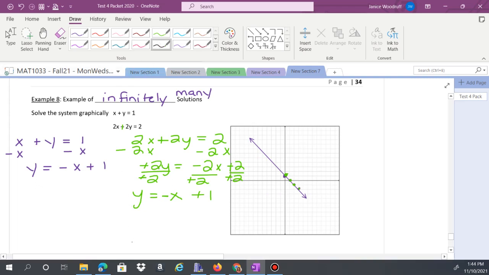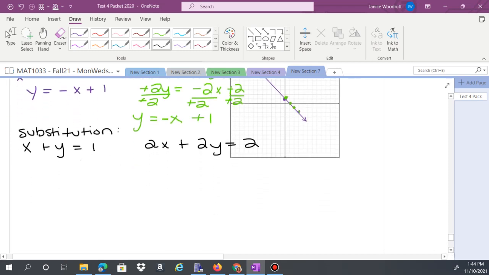Now, we did elimination the last one, so let's do substitution for this one. So let's say we have this problem, and we want to solve it using substitution. Okay, so you have x plus y equals 1, 2x plus 2y equals 2.